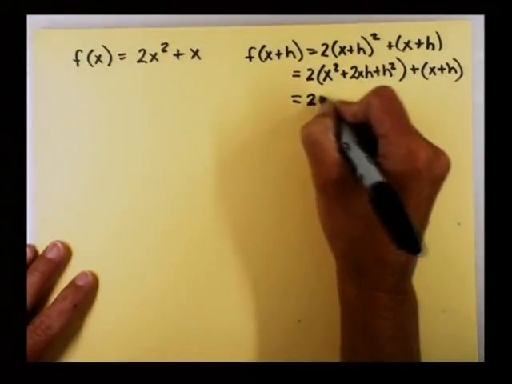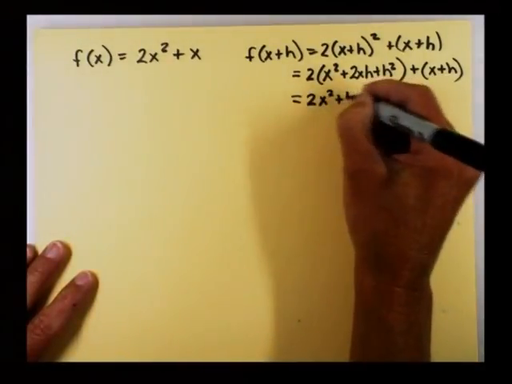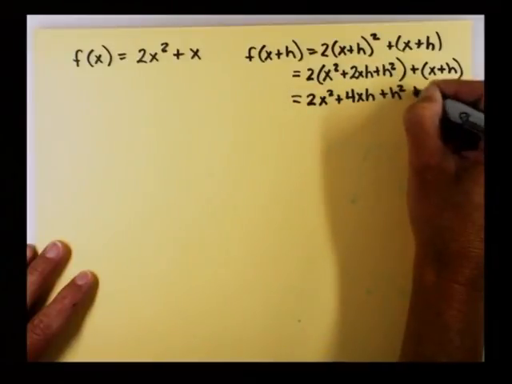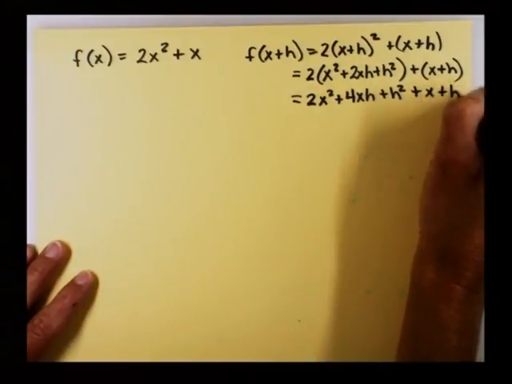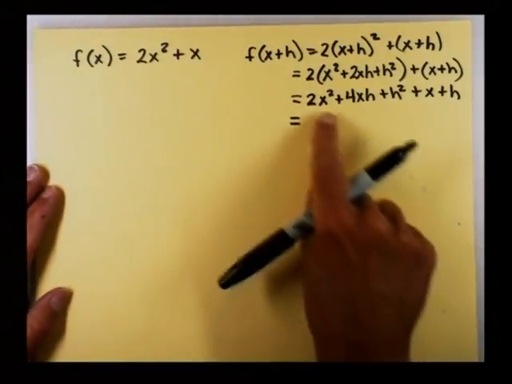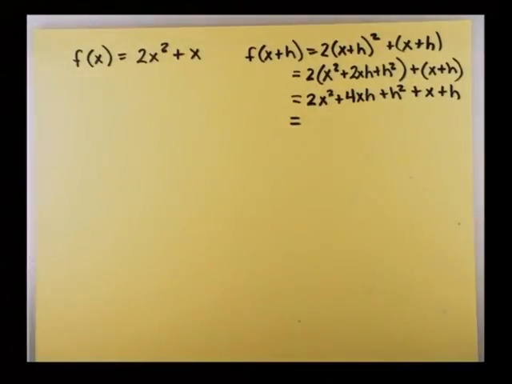Distribute 2x squared plus 4xh plus h squared plus an x plus an h. Okay, I'm going to check. I guess there's nothing there that I can combine.